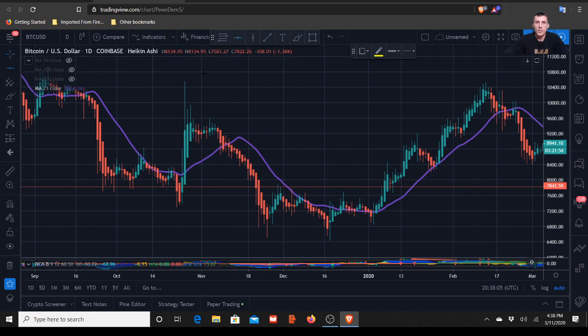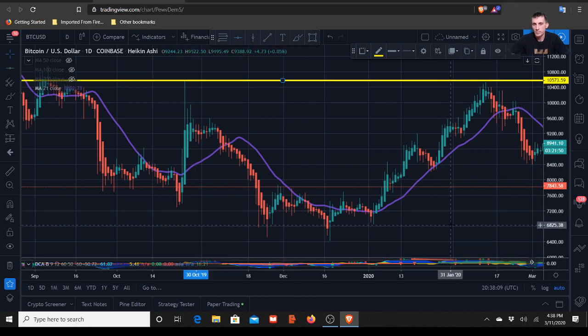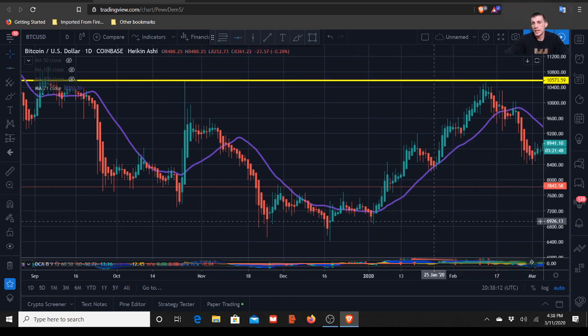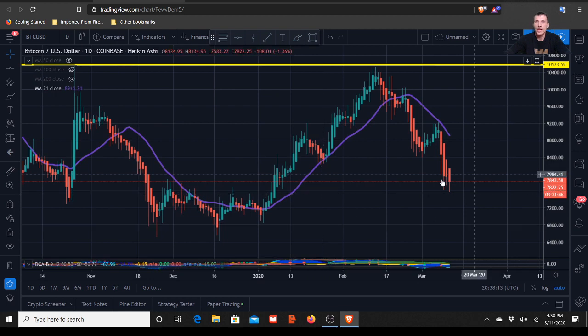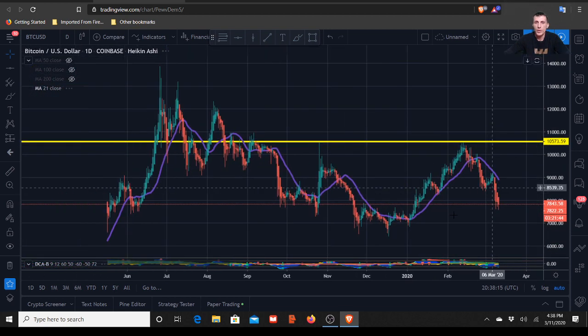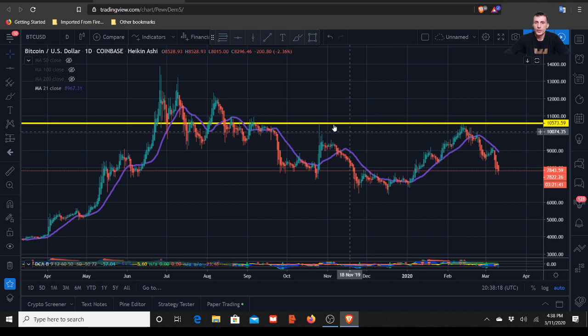Double top is when we come to the top of the same area twice and reject. Higher the time frame, the more weight you put into these, the bigger the move down will be. And as you can see, bam, bam, right there. That was one reason why we went down. We were playing that out.